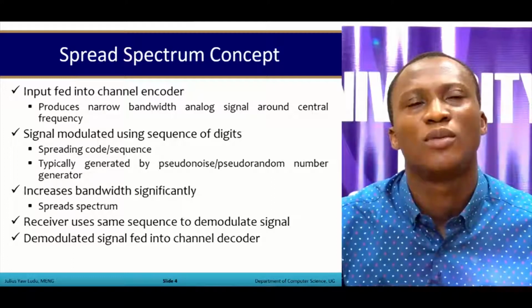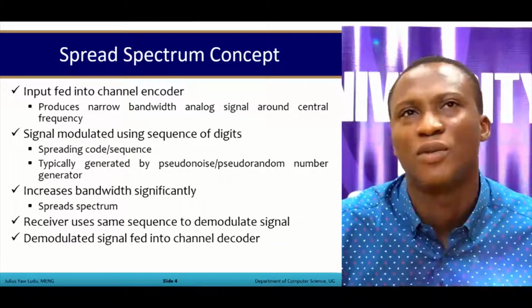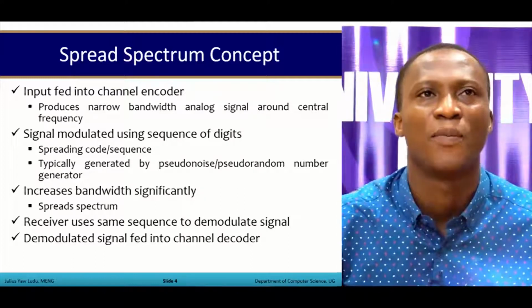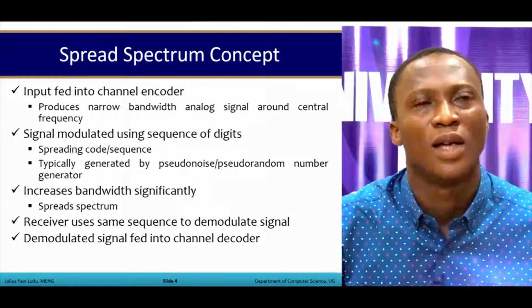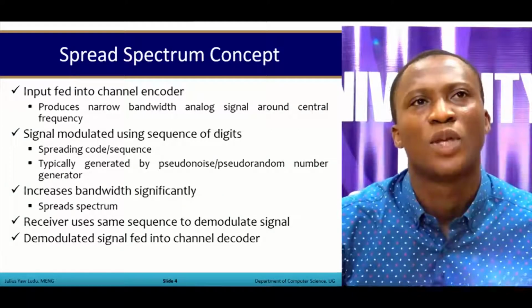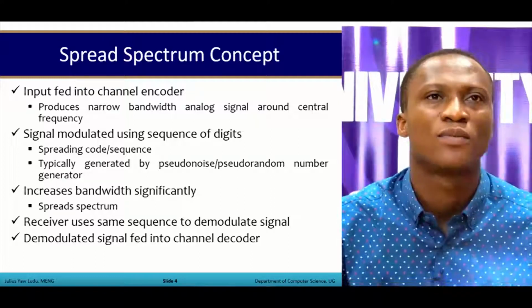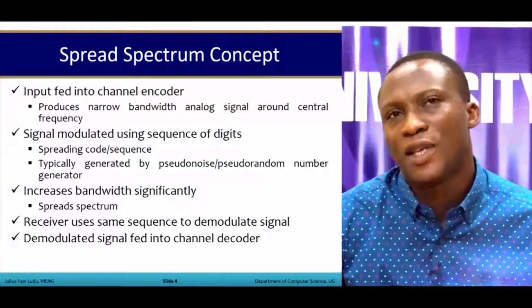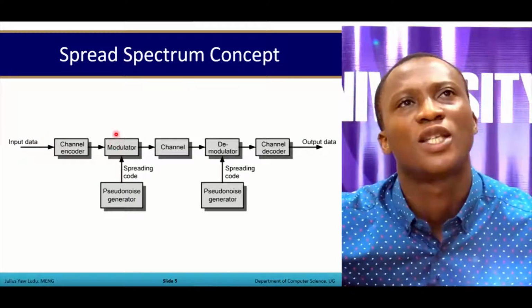Here we are talking about spreading codes or sequences that are typically generated by a pseudo-noise or pseudo-random number generator. This increases the bandwidth significantly, hence spread spectrum. The receiver uses the same sequence to demodulate the signal, and this demodulated signal is fed into the channel decoder. So this is the block diagram of the spread spectrum.